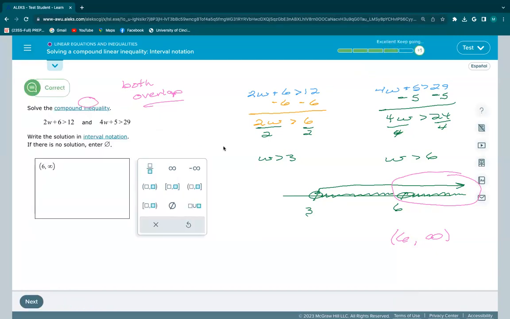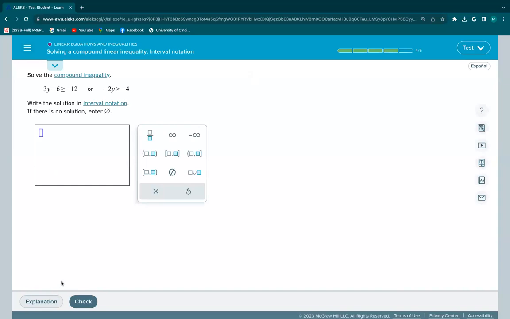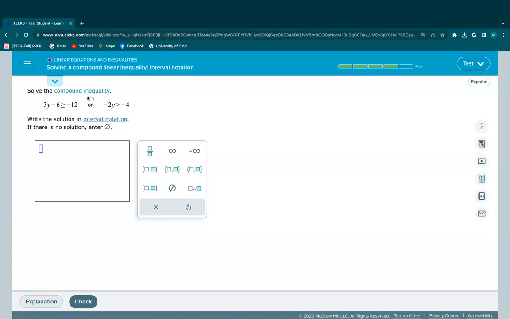And we have one more to do. Clear all drawings, and we will do one more just because this is an or again, so this means either one is good. So just as a good reminder, there's my or. So you have 3y minus 6 is greater than or equal to negative 12.